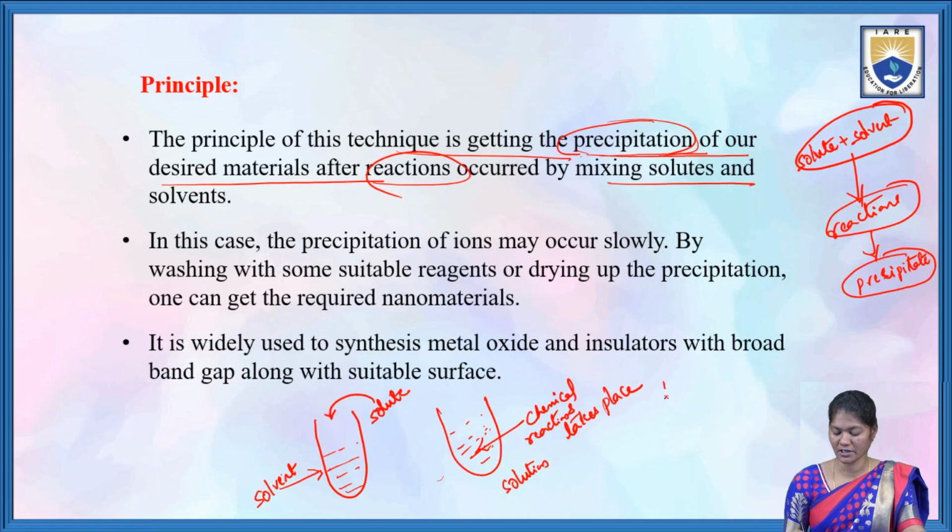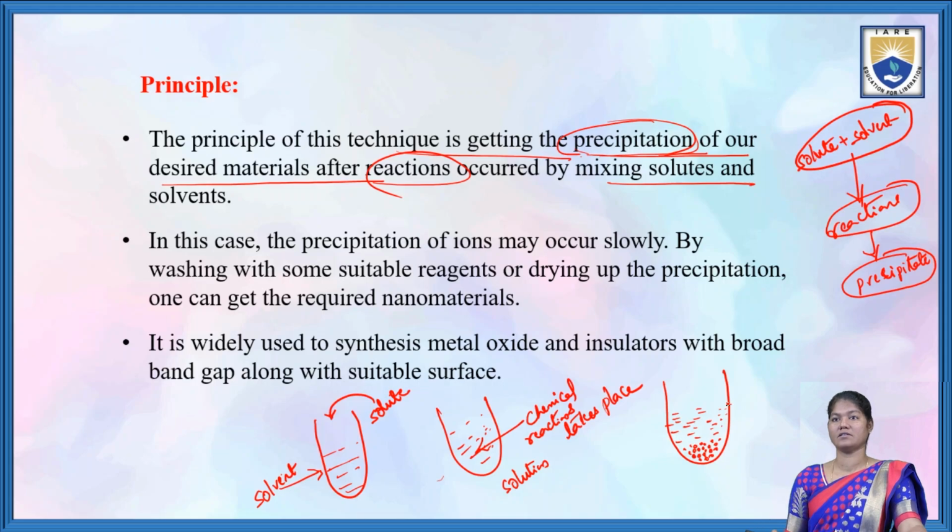After the chemical reaction, some metals or materials will be left at the bottom, which are not dissolved in the solvent. So this is the precipitate.